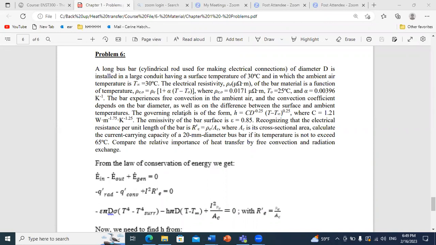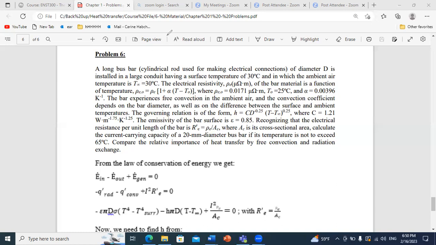The bar experiences free convection in the ambient air, and the convection coefficient depends on the bar diameter as well as on the difference between the surface and ambient temperatures. The governing relation of h is of the form C times D to the power minus 0.25 times T minus T infinity to the power 0.25.